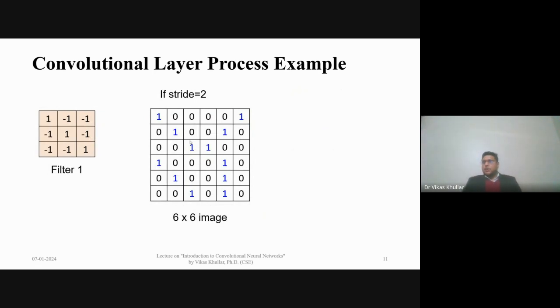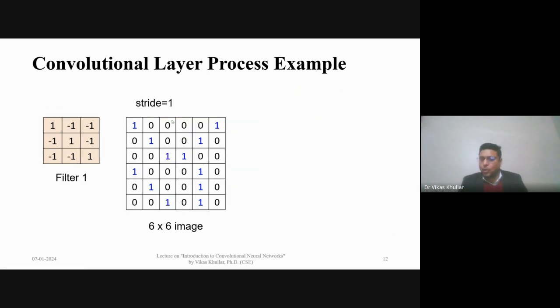Now what happens if we take stride equivalent to 2? You can see once we are applying filter 1 using stride 2, it selects the first as similar to stride 1, but once it makes a shift, it shifts by skipping 2 columns over here, then shifts by 2 columns over here.